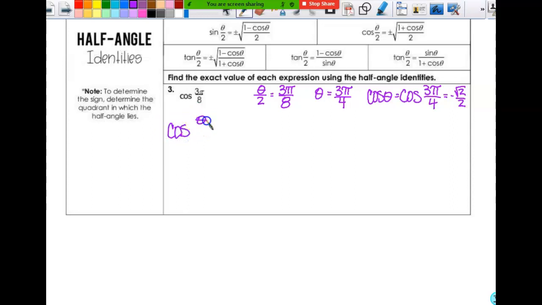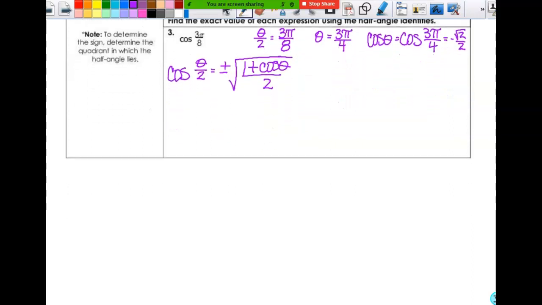Cosine of theta over 2 equals plus or minus the square root of 1 plus cosine theta over 2. All right, so that's what I'm getting off my reference chart there. So when I go to substitute this stuff in, cosine of theta over 2, I know what theta over 2 is.